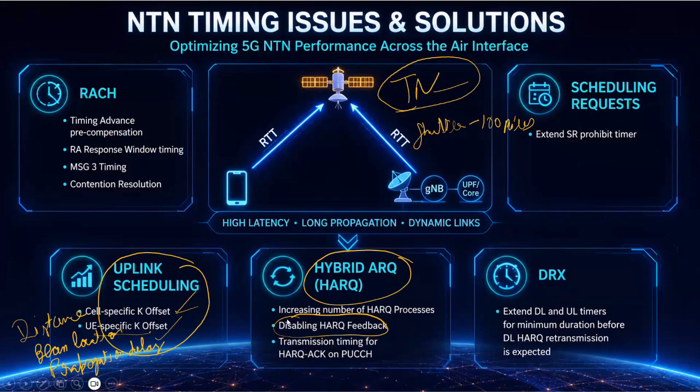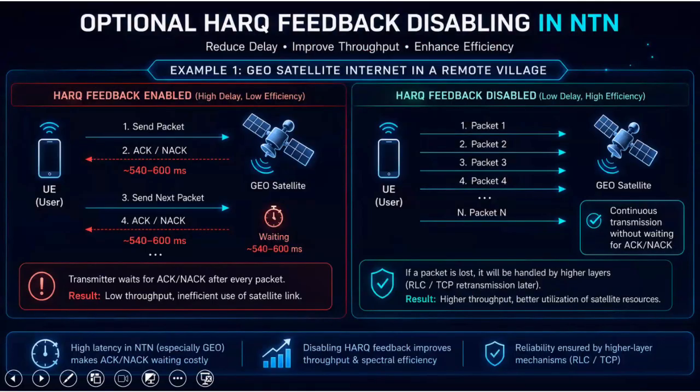Let's understand this with an example. Suppose two cases: one is HARQ enabled and one is HARQ disabled. Let's talk about the first case first. With HARQ feedback enabled, suppose a packet is sent from the UE to the satellite, and the latency in the case of a satellite can be 600 milliseconds. So the UE has to wait 600 milliseconds before sending the next packet.